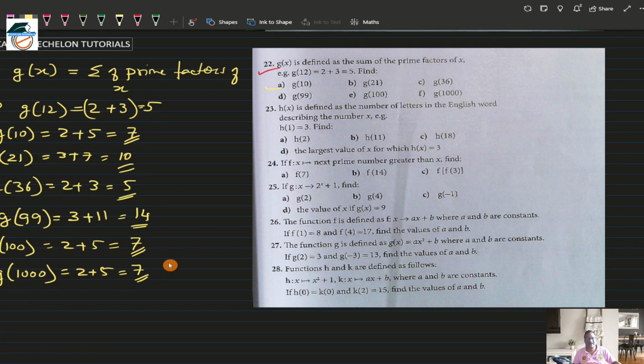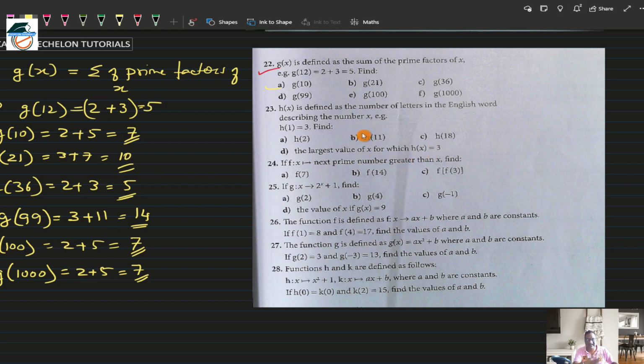Now question number 23 says that h of x is defined as the number of letters in the English word describing the number x. Example, h of 1 is equal to 3. Find h of 2, h of 11, and h of 18. And last is the largest value of x for which h of x equals 3.